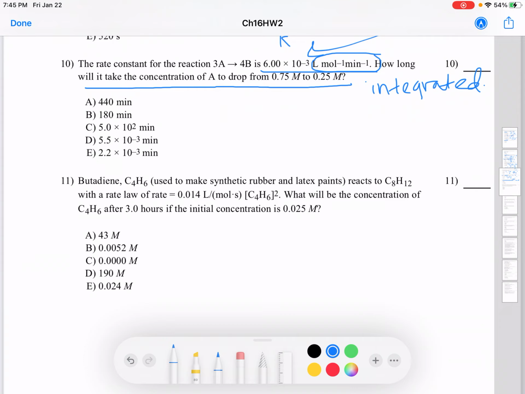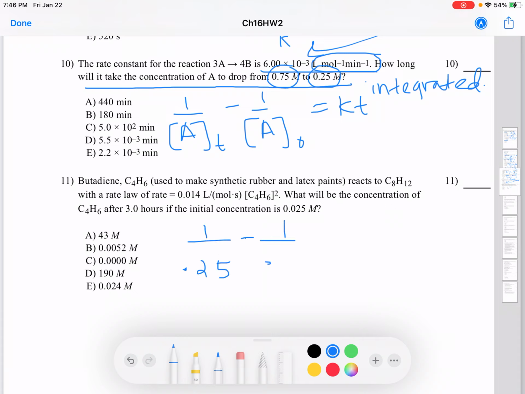So that would be 1 over [A]t minus 1 over [A]0 equals kt. The concentration at a certain time is 0.25 and the initial is 0.75. So 1 over 0.25 minus 1 over 0.75 equals the rate constant, given as 6.00 times 10 to the negative 3 liters per mole per minute, so we're going to get our answer in minutes, times t.